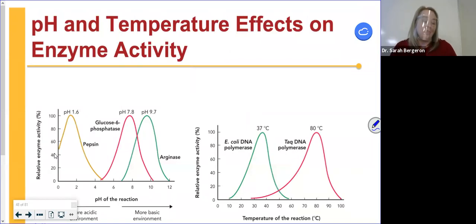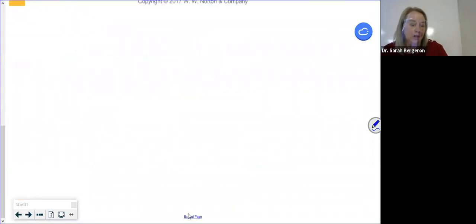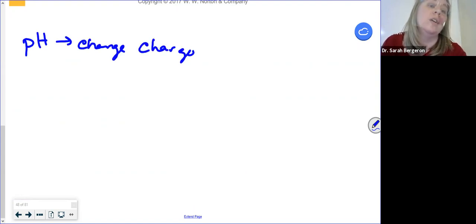Okay, so there are different conditions that can affect enzyme activity. Lots and lots of different conditions, right? pH and temperature are going to have drastic effects on enzyme activity, right? Why might pH and temperature have huge effects on our enzymes? How about pH? Let's tackle pH first. pH will change the charge of what?